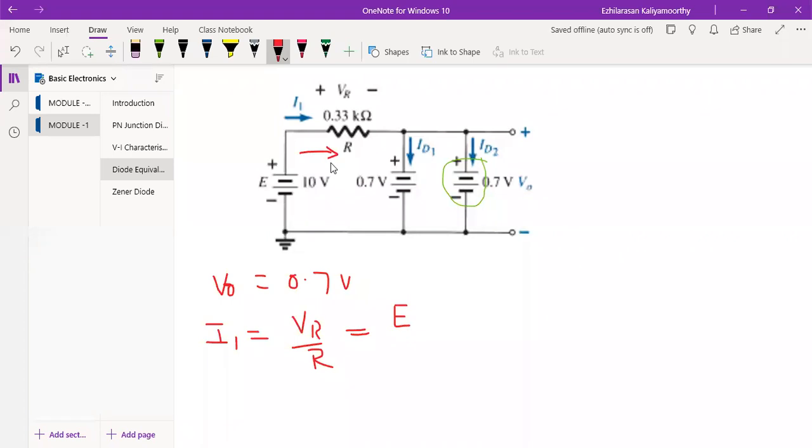So VR is the voltage drop across the resistor.